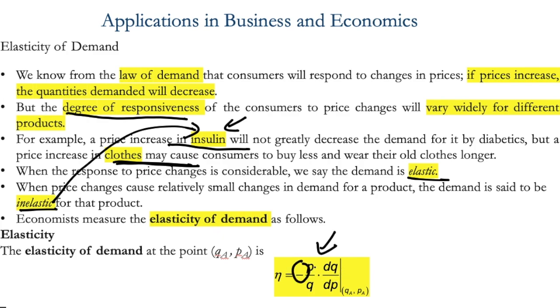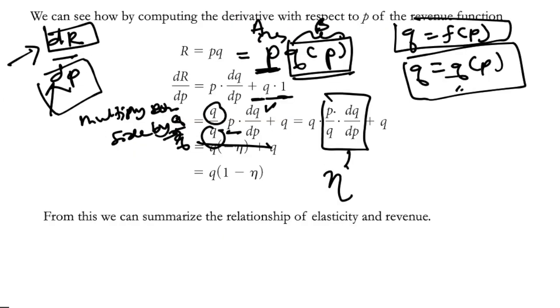The minus sign comes from the slope of the demand curve. But here the minus sign doesn't exist, so it's not just eta, it is minus eta for this sign.